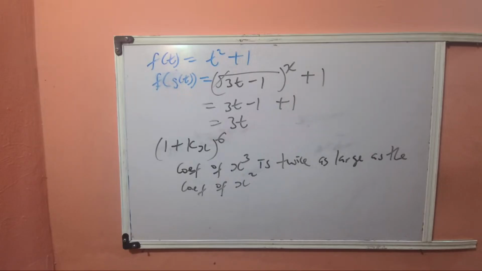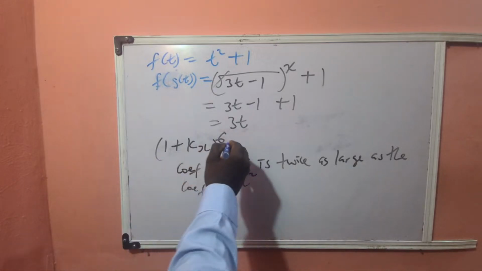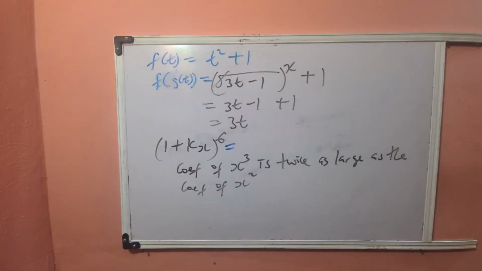This means you could easily write a new expression that will give you your value of k. But before we do that, can we go on to solve for the expansion of this? I'm sure you can all solve this. I don't want us to waste time expanding this because I know you all know how to expand this.